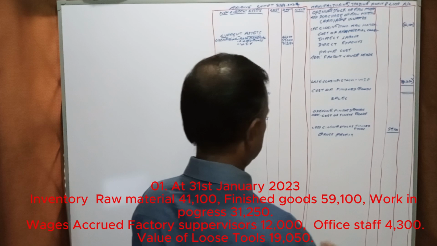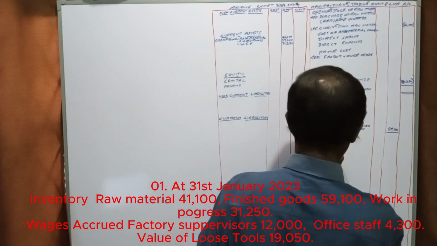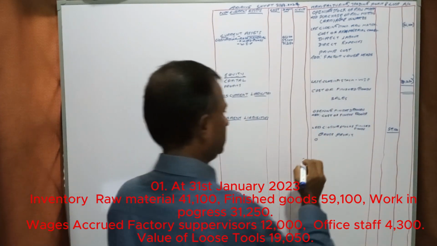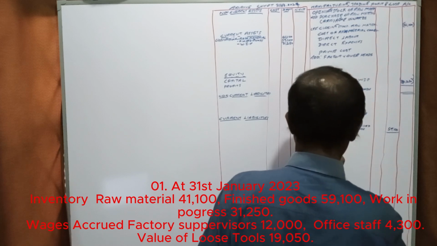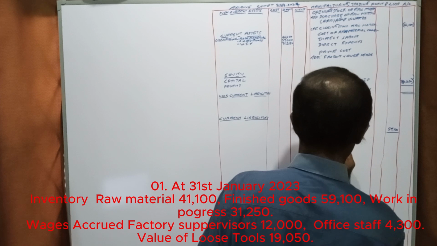In the gross profit, you can add other income, less administration expenses.